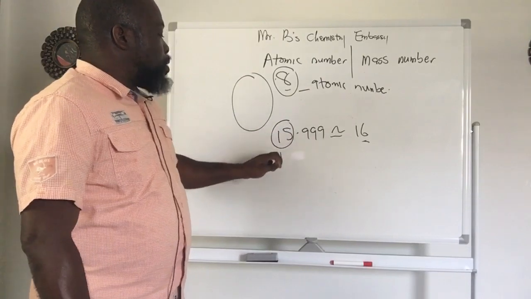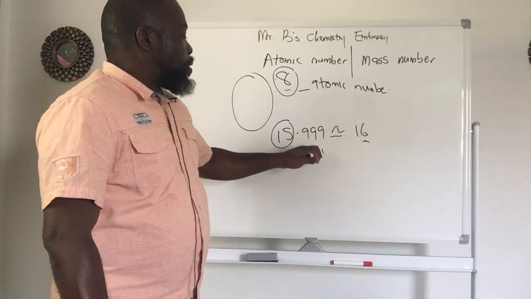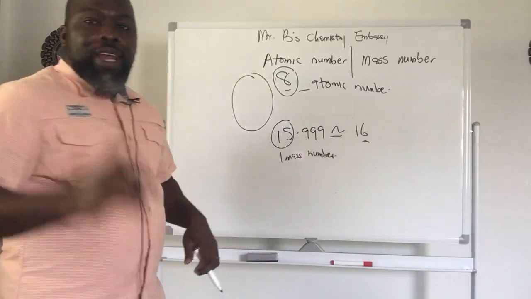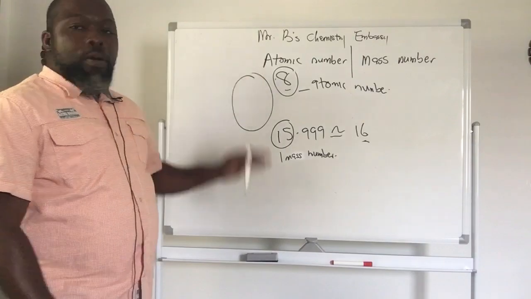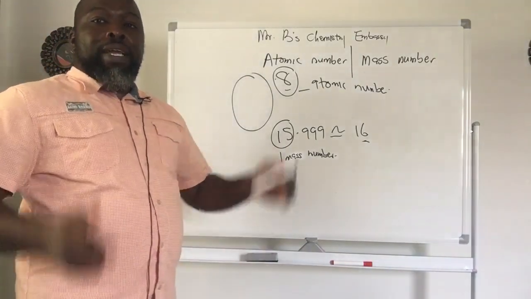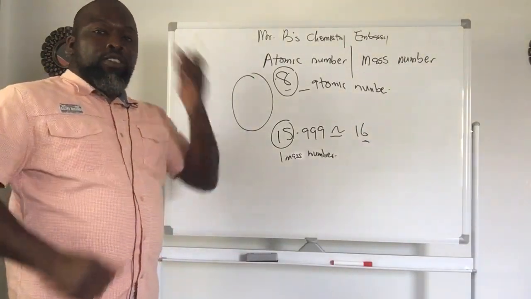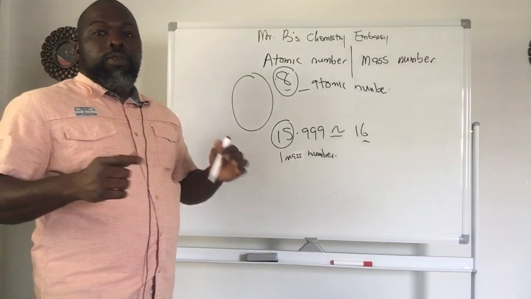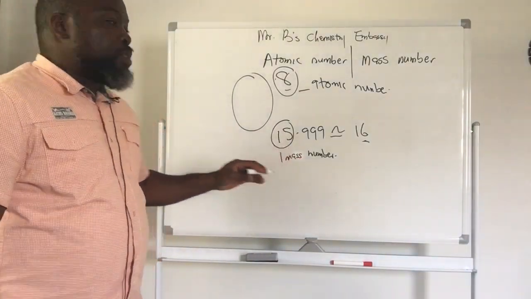Your mass number. Never forget that. When you look on your periodic table, you see two numbers. Which one is the atomic number and which one is the mass number? Remember that the atomic number is always the smaller number, and the bigger number will be your mass number.